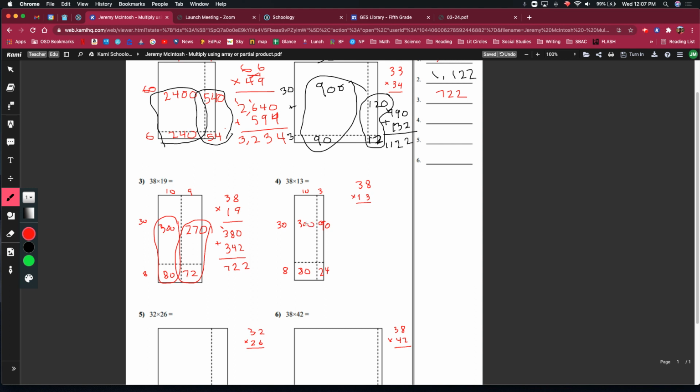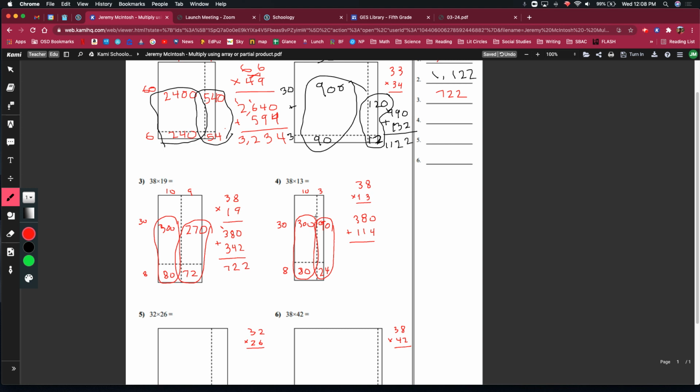I want to add them up. So let's do these two again. 300 plus 80 is 380 plus 90 plus 24. 9 plus 2 is 11. So 114. So 90 plus 24 is 114.